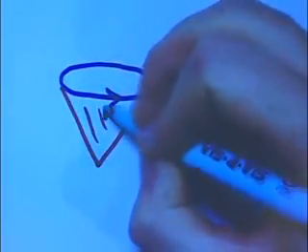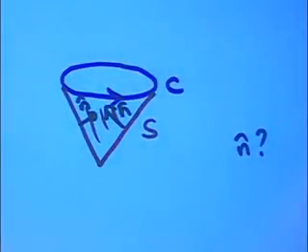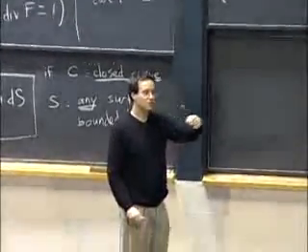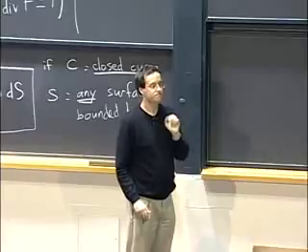So the correct answer is it goes up and into the cone. Okay, so how do we see that? Well, one way to think about it is imagine that you're walking on C, on the rim of this cone. So you have two options. Imagine that you're walking kind of inside, or imagine that you're walking kind of outside. If you're walking outside, then S is to your right. That doesn't sound good. So let's say instead that you're walking on the inside of the cone, following the boundary.